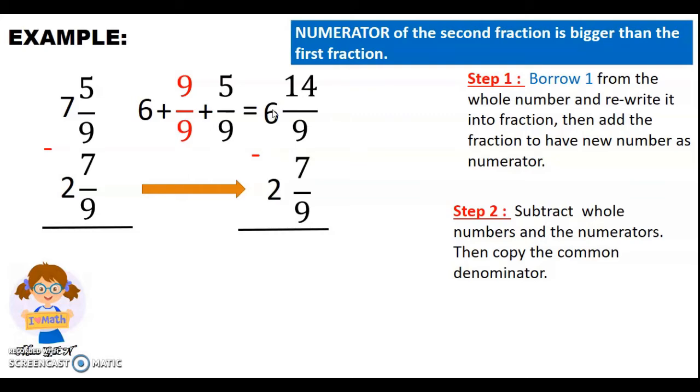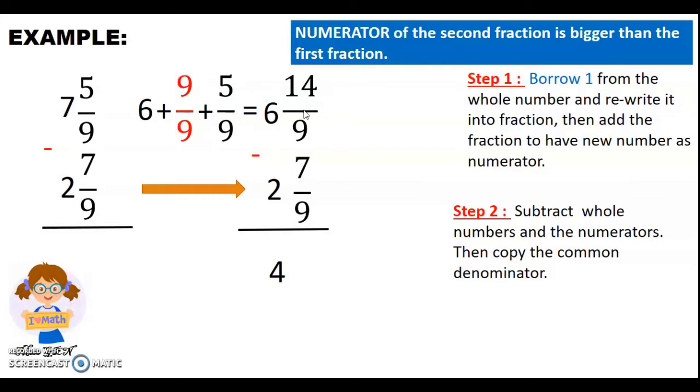So we will subtract 6 by 2. 6 minus 2 is 4. And subtract the numerators, then copy the common denominator. So our fractions here are 14 over 9 and 7 over 9.